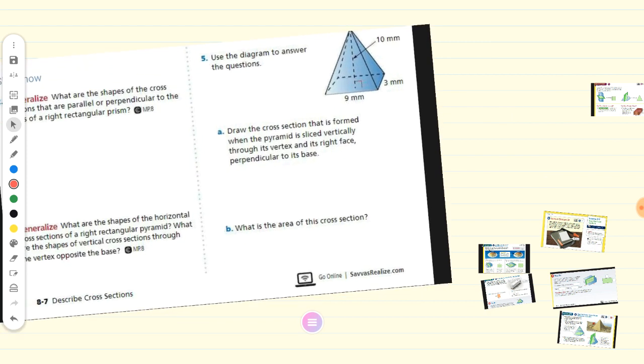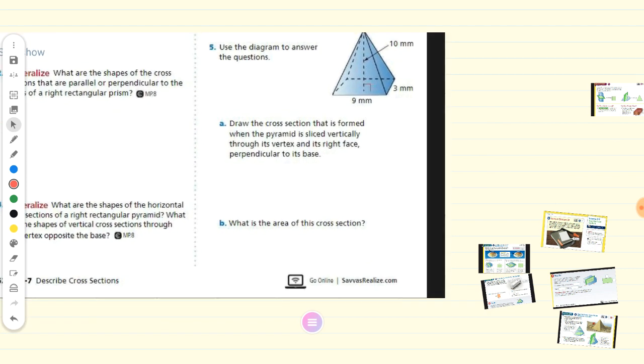Use the diagram to answer the question. Draw the cross section that is formed when the pyramid is sliced vertically through its vertex and its right face. Okay, right face.